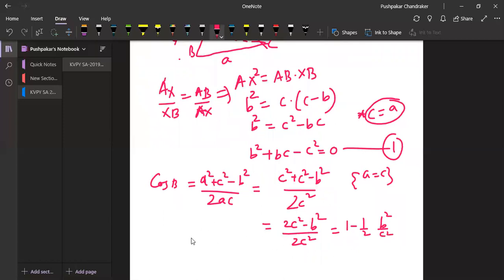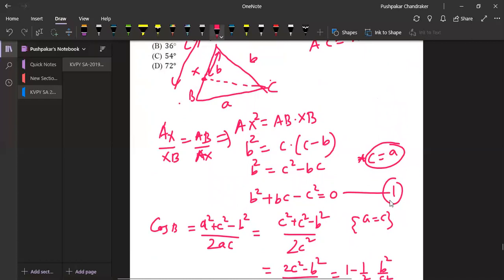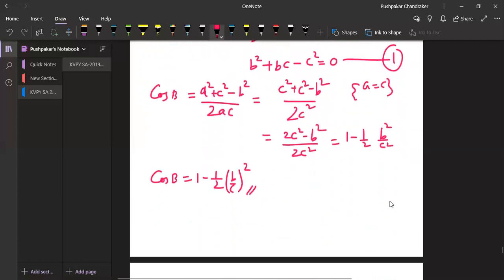So I can say cos B equals 1 minus half (b by c) whole squared. It means somehow I have to find the value of b by c. For that I have to use the quadratic, equation 1: b squared plus bc minus c squared is 0.